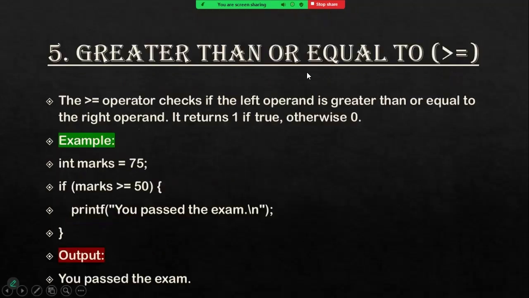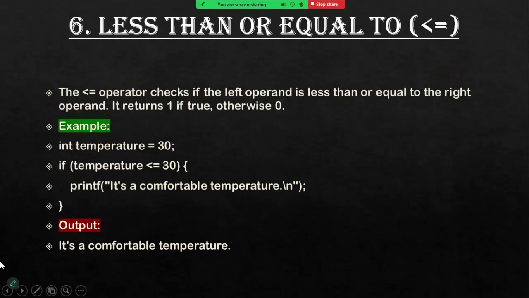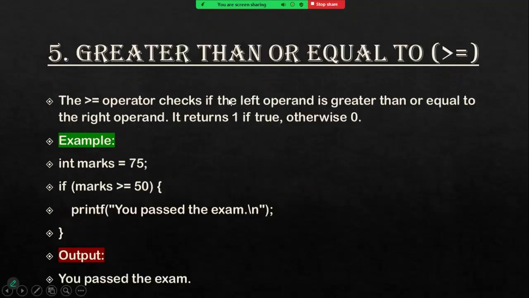Next, the greater than or equal to operator. So this is the sign. The greater than or equal to operator checks if the left operand is greater than or equal to the right operand. If it is true, it returns 1, otherwise it returns 0.